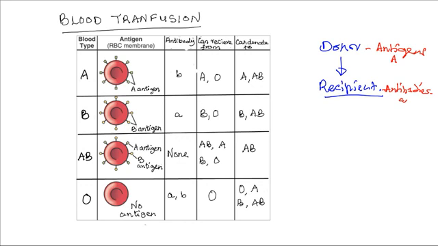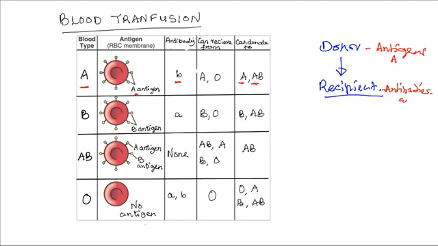Now this table here summarizes the compatibility of the different types or groups of blood during transfusion. We take blood group A with antigen A, has antibody B. So if blood group A is the donor, meaning that blood group A can give to another blood group A and can give to AB.